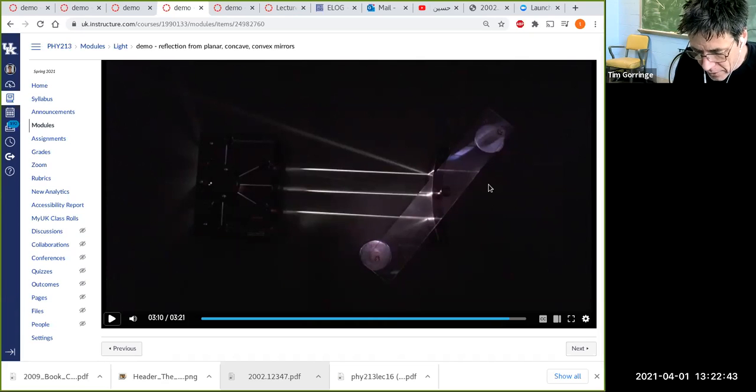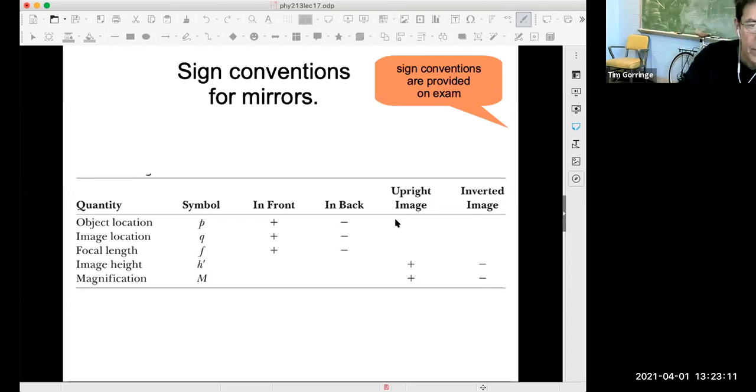Let me remind myself what I was going to do next. Oh, I was going to show you just a little table next. So I'm going to stop sharing this and show you this table.